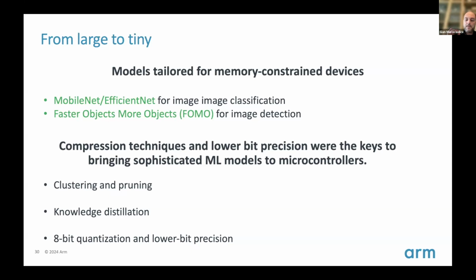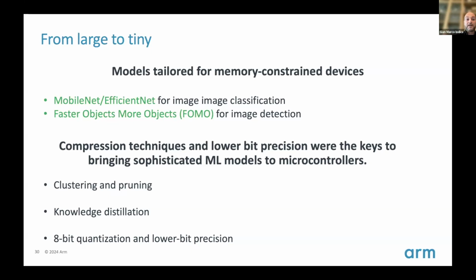In my opinion, the migration from large to tiny happens in two ways. One is certainly by tailoring new models for tiny devices, and there are many options. Here I just reported 2 of them, but there are other cool projects out there that make models very, very efficient on microcontrollers.